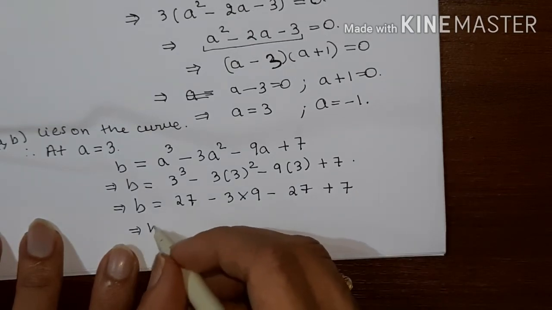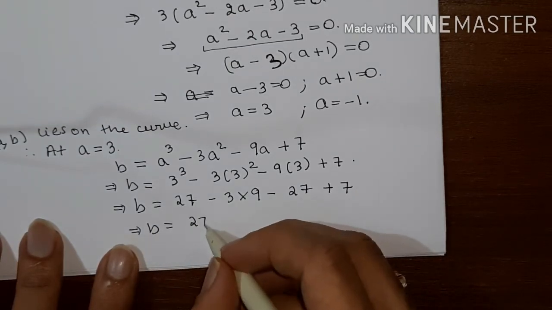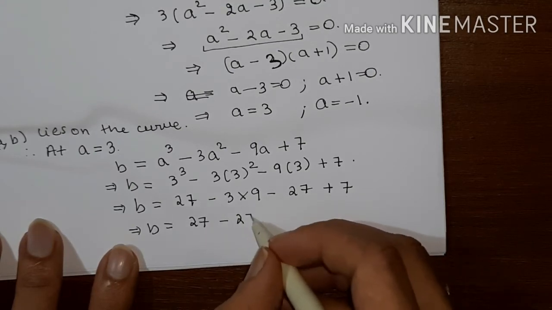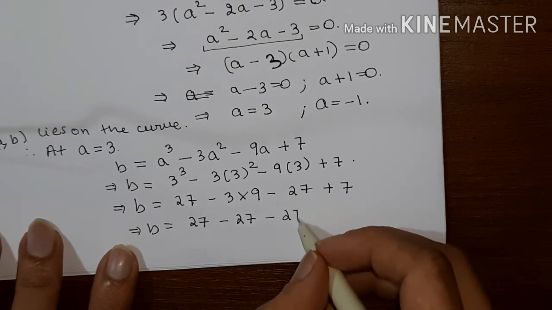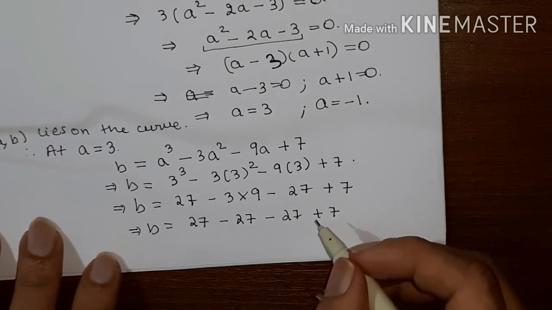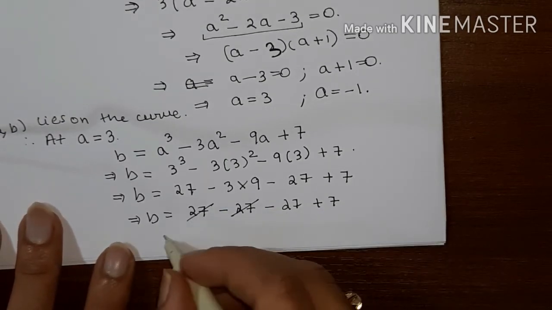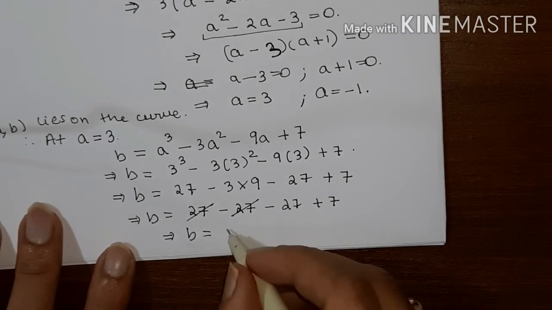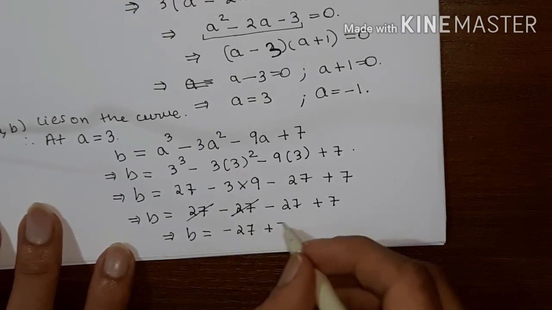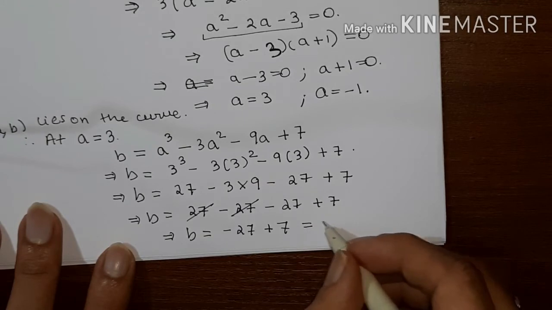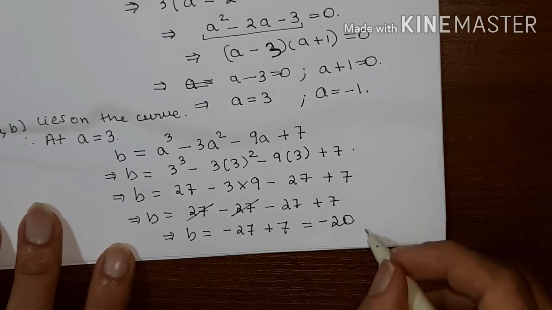So 27 and minus 27 will get cancelled, and what you will get is b equal to minus 27 plus 7, which is equal to minus 20.